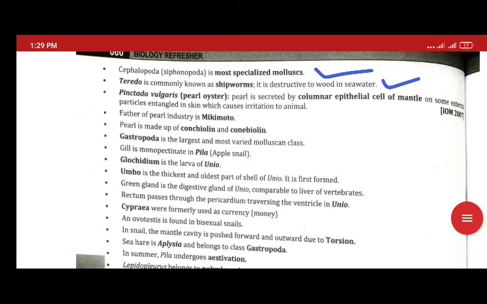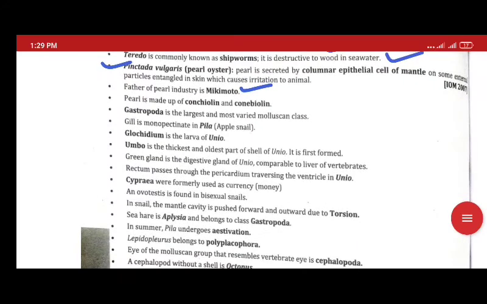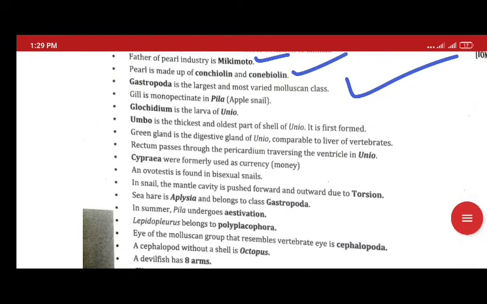Now Pinctada vulgaris, the pearl oyster, is important, as it causes irritation to the animal that makes the pearl. The father of the pearl industry is Mikimoto from Japan. Pearl is made of conchiolin and calcium carbonate. Gastropoda is the largest and most varied molluscan class.